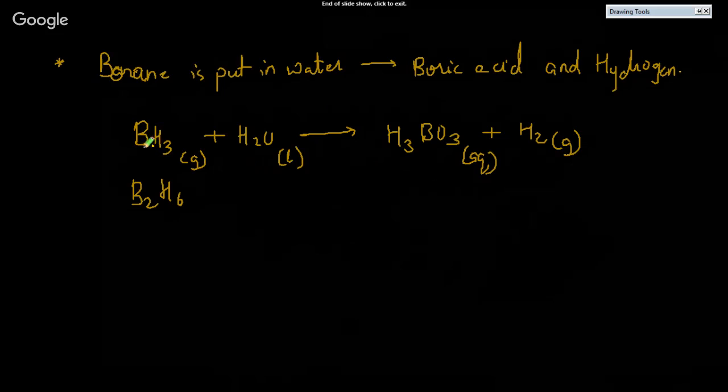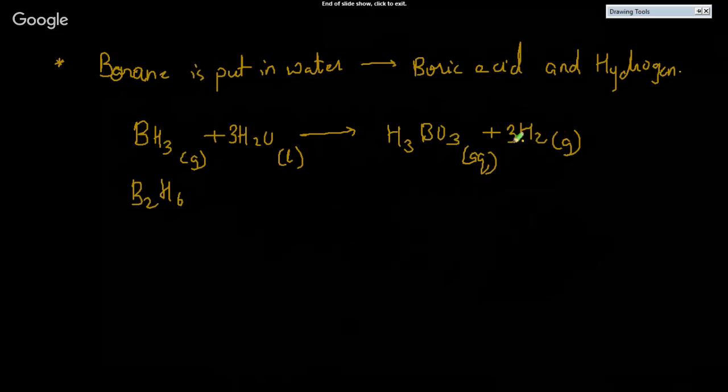Now let's understand how to balance this. You realize that the OH is all the time getting displaced. You'll find that probably it's already balanced. There are 3 hydrogens here, 2 hydrogens here, 5 in total. Again 5 hydrogens, 1 boron, and oxygen is just not balanced. So I can put 3 here, and the moment I put 3 here, I will put another 3 here.